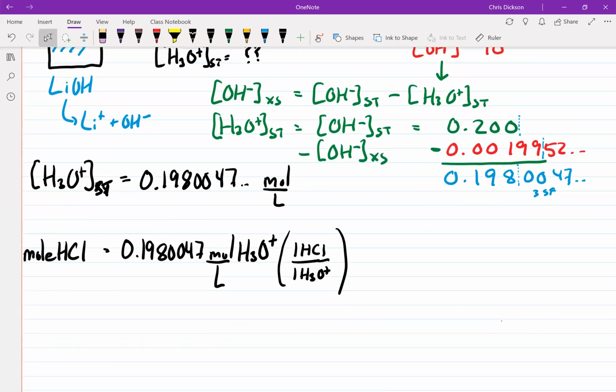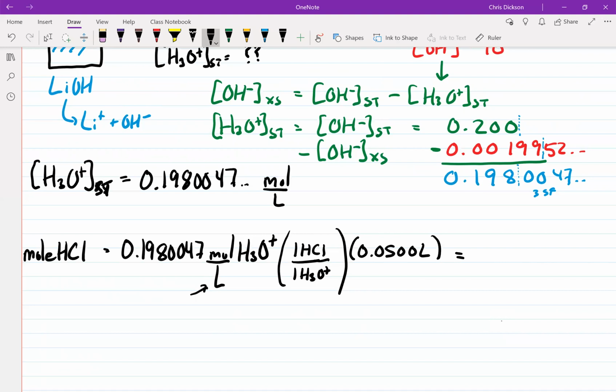Now, here's where we're going to be careful. You might remember in the concentration, I was able to do dilution calculations by not changing the volume. But because this is in liters, I need to work in liters here. So this has to be 0.0500 liters. I cannot keep that in milliliters. I'll be off by a factor of 1,000 if I don't change that.